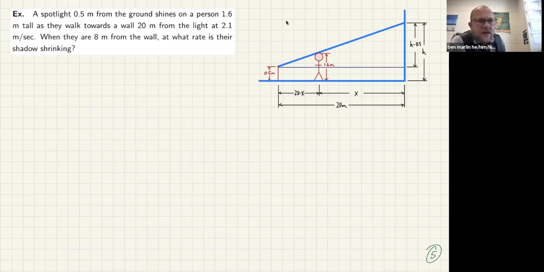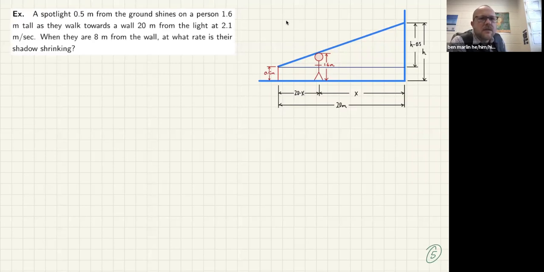So we've got a spotlight that is 0.5 meters from the ground. Most problems like this just put the spotlight on the ground, and I wanted to make one that was a little bit different, to make it seem a little more realistic. The spotlight, 0.5 meters from the ground, shines on a person who is 1.6 meters tall, and they walk towards a wall that is 20 meters from the light, and they're walking at 2.1 meters per second.